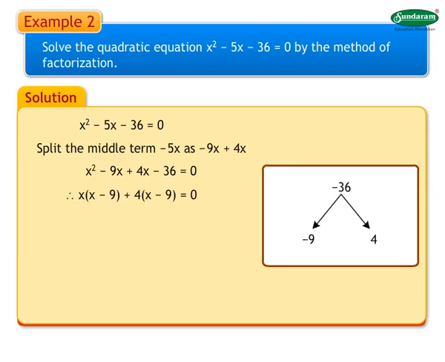Therefore, x into x minus 9 plus 4 into x minus 9 is equal to 0. Therefore, x minus 9 into x plus 4 is equal to 0. Therefore, x minus 9 is equal to 0 or x plus 4 is equal to 0. Therefore, x is equal to 9 or x is equal to minus 4.